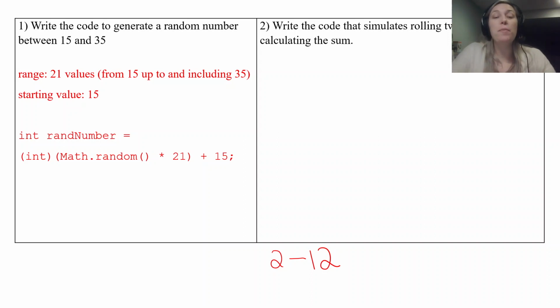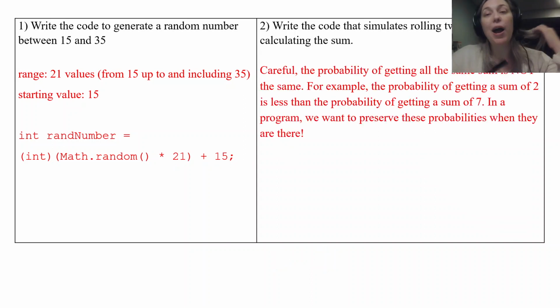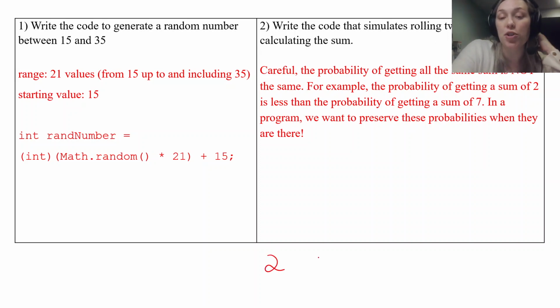So you might be saying, okay, 2 to 12, that is 11 possible sums, right? So your range would be 11, and then you would add 2 because that's your starting value, right? But you have to be careful here. The probability of getting all the same sum is not the same. So the probability of getting a sum of 2 is not the same as getting a sum of 7.